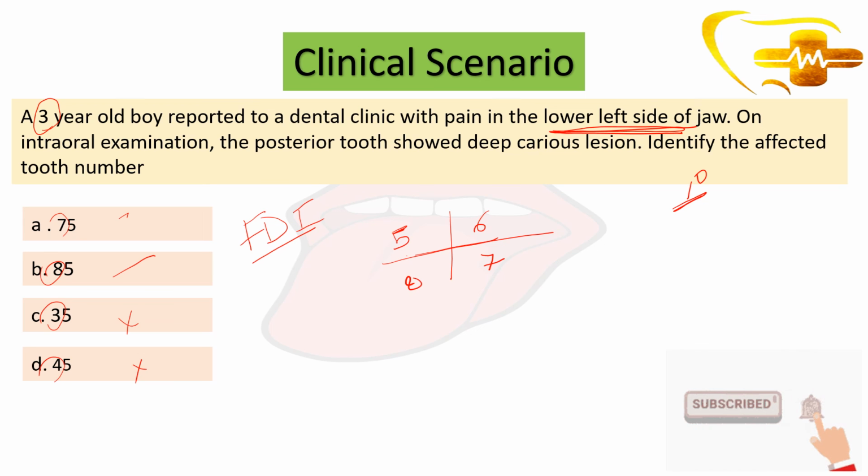This is the right side and this is the left side of the jaw. Lower left side is 7. So it is a lower left side tooth, that is the 7th quadrant, and the answer will be 75.